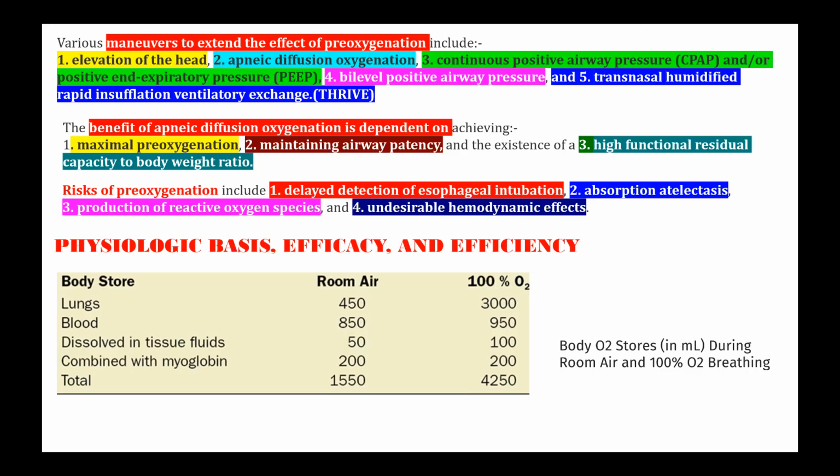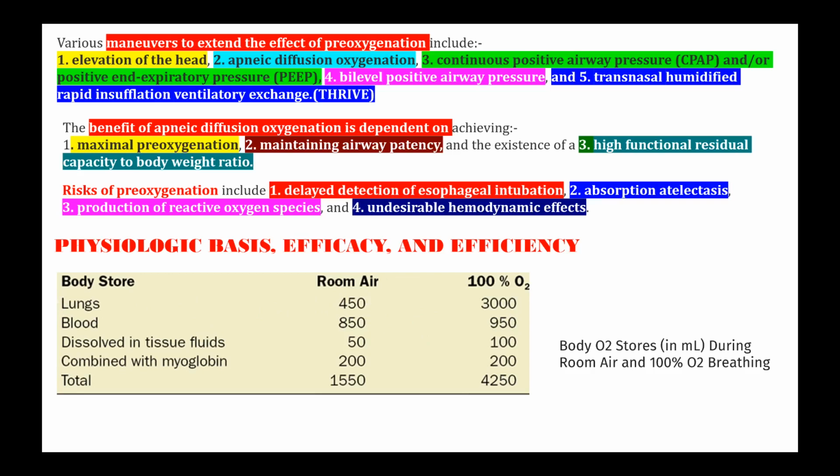How do you say that there is 450 ml of oxygen when the patient is breathing room air, the lungs? The lungs means, is it in the entire lung or which part, which capacity of the lung? FRC, functional residual capacity. What is the importance of FRC?